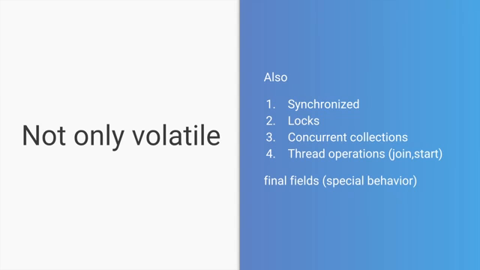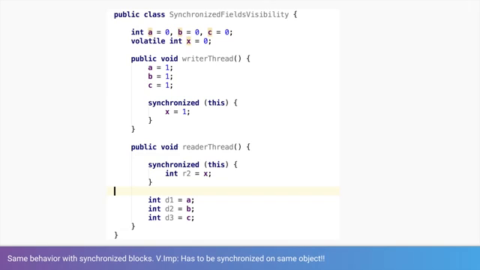The Java memory model also has some special behavior about final fields, but let's not talk about that. Here we have the same example as before, but instead of having x as volatile, I made a mistake and wrote it volatile, but let's say this is not a volatile. We could still have the same result by using a synchronized keyword.